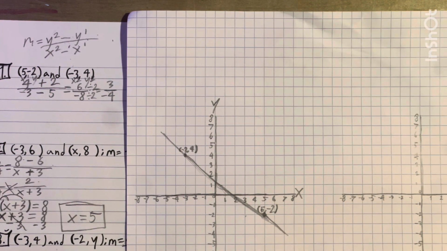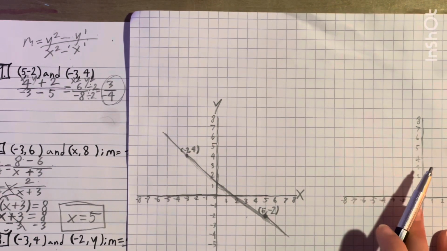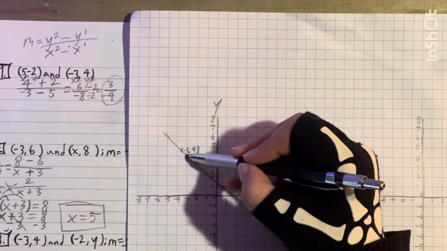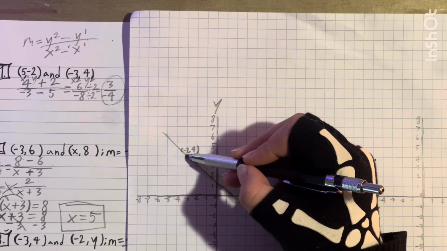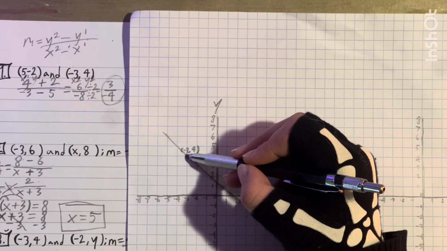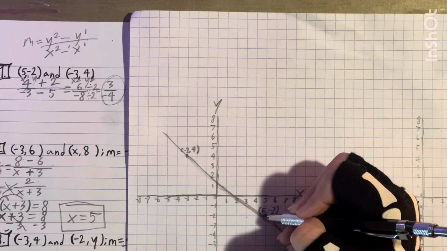Okay, so how you find these little fractions: you go from negative 3/4, and then you find 5, negative 2.